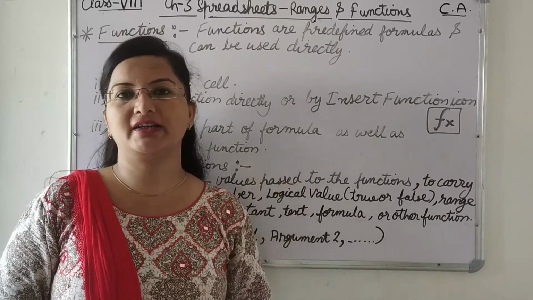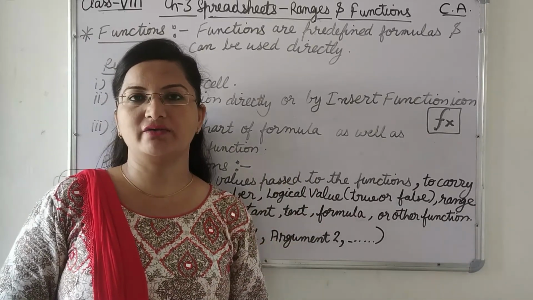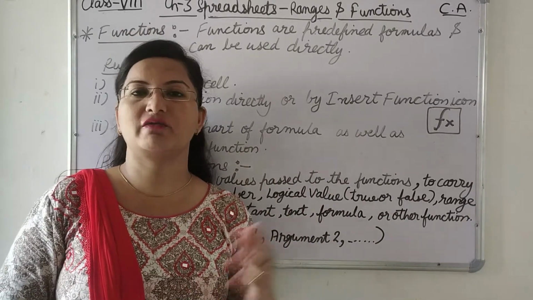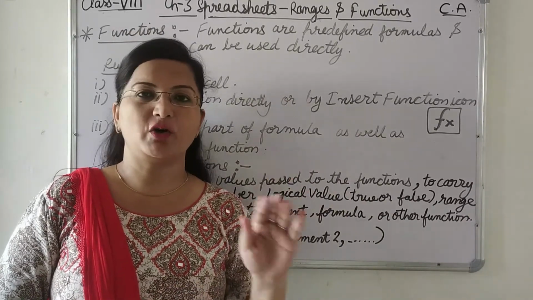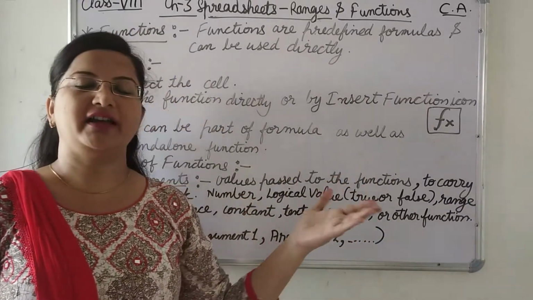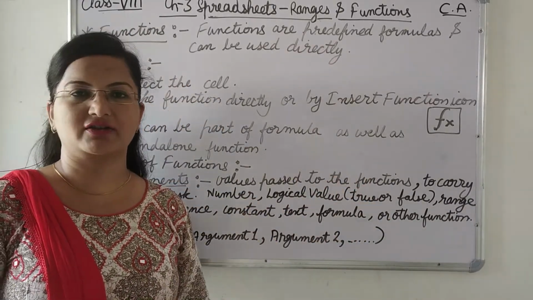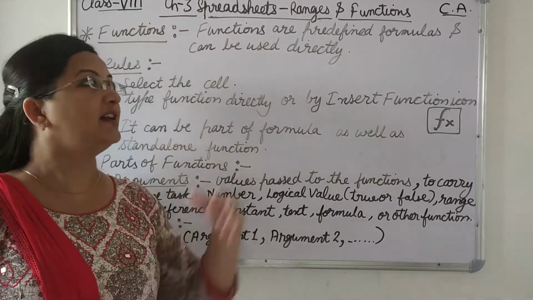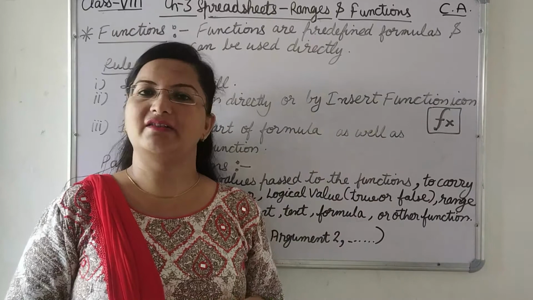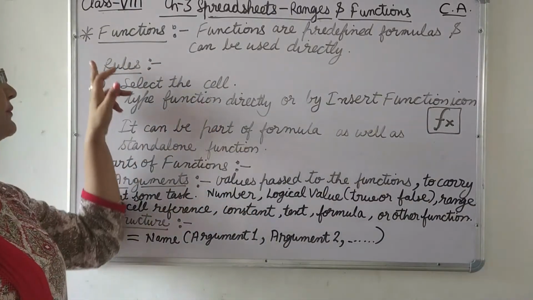Like to add, we can use sum. To count, we can use the count function. To find the largest number, we can use the max function. To find the minimum, means smallest number, we can use the min function, and so on. To find the average, we can use the average function. So there are so many functions, predefined formulas in Excel that we can use.